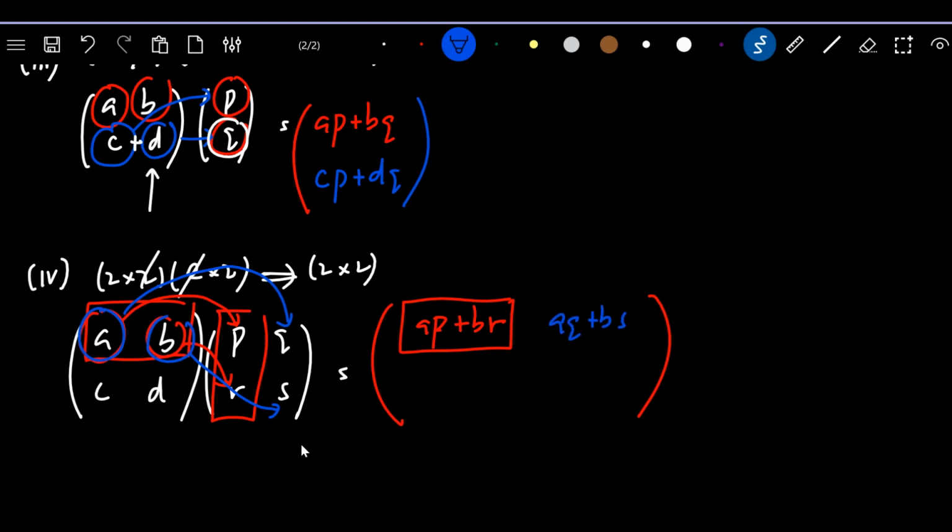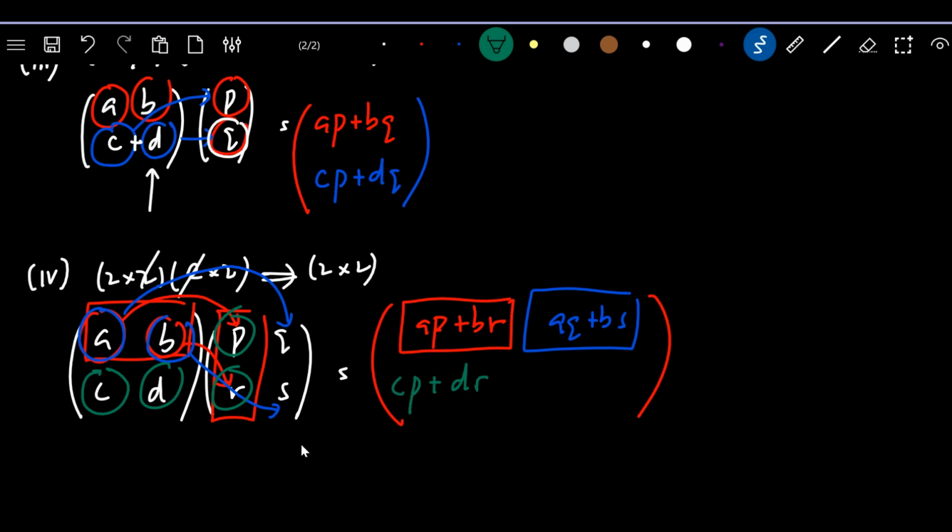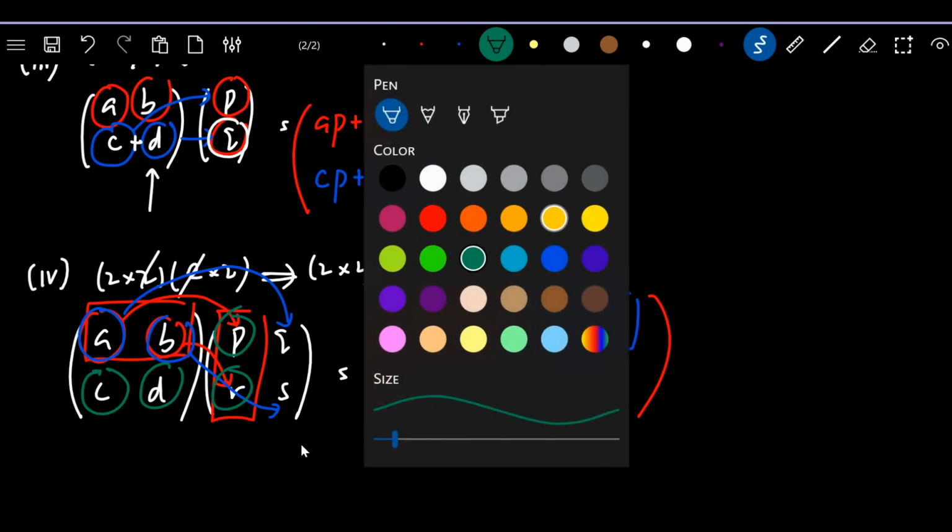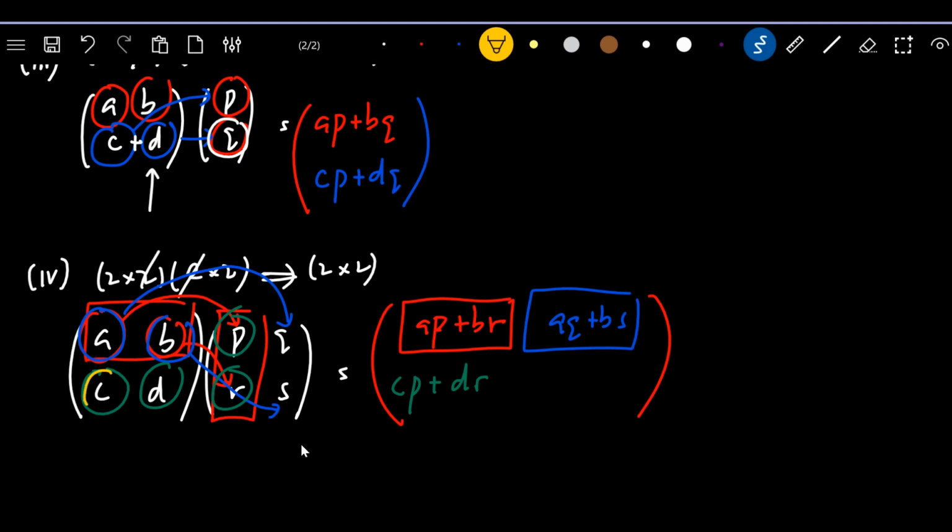This one will be at the first row and second column. The last ones will be CP plus DR, and then CQ plus DS. Okay, I hope it is clear for you all.